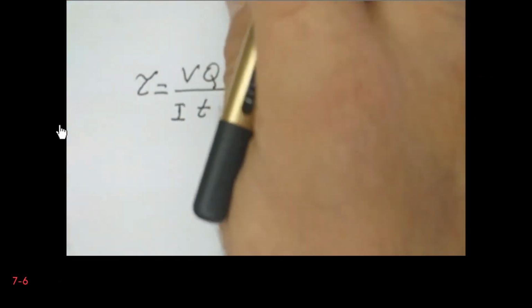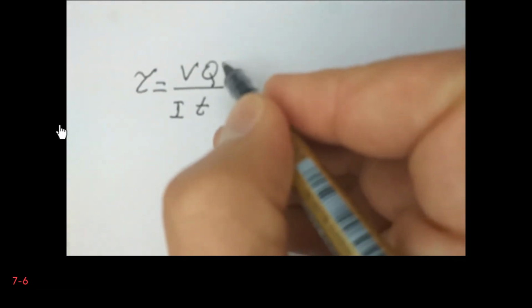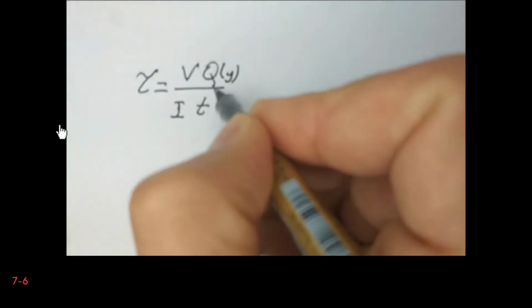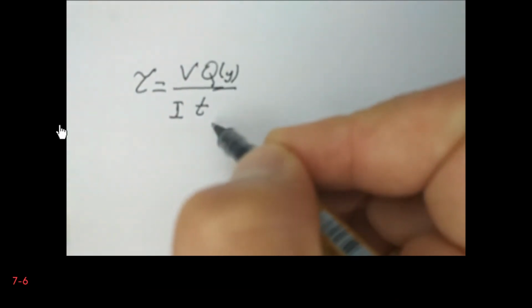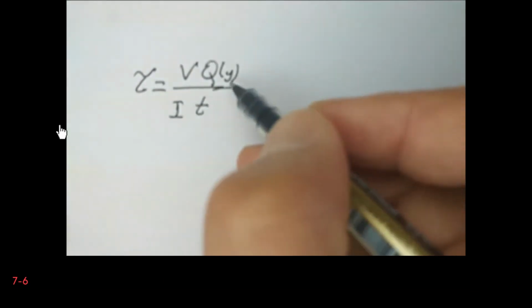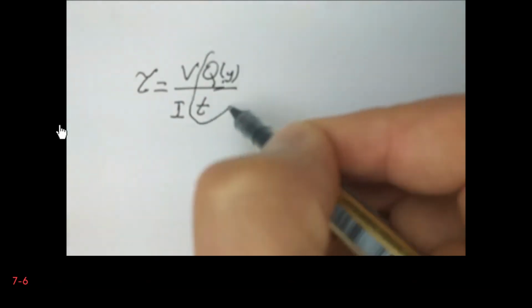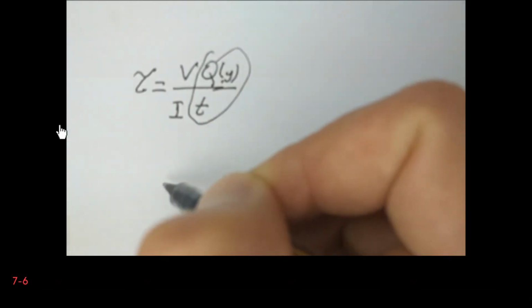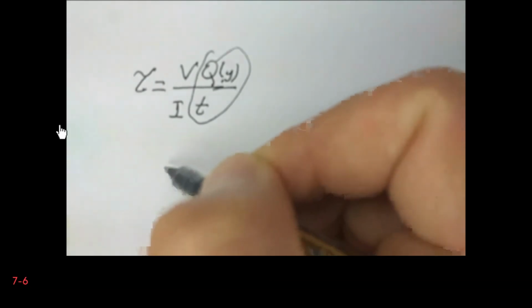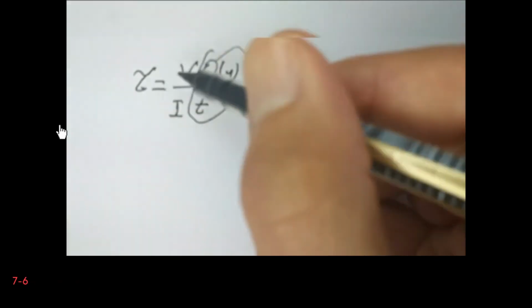Now here in this equation only Q is a function of the distance to the neutral axis, and certainly this is the first moment of area, and the shear stress will be maximum where this ratio is maximum. So when this ratio is maximum, certainly the shear stress will be maximum since the shear force is maximum.